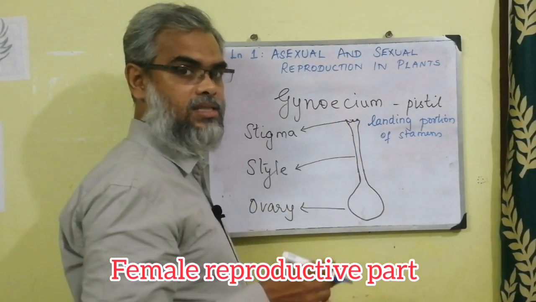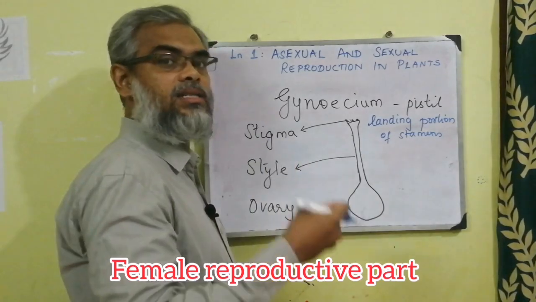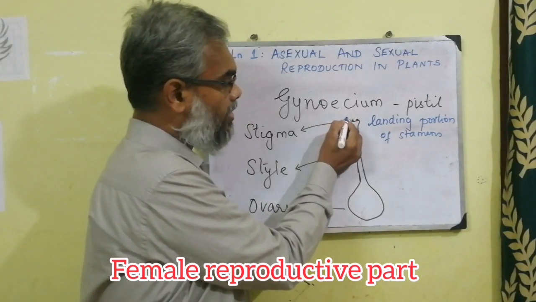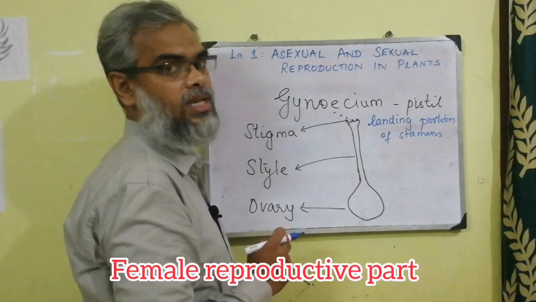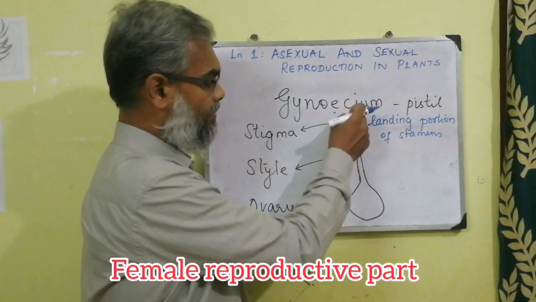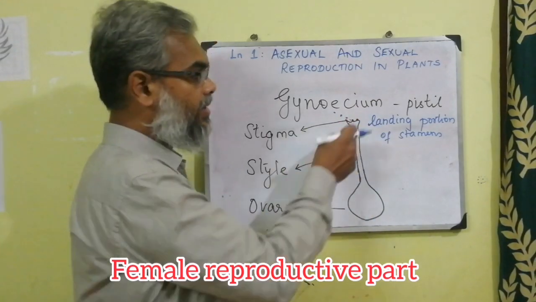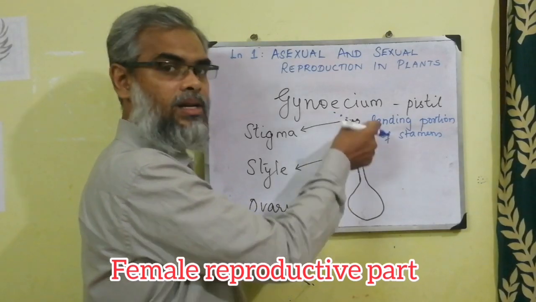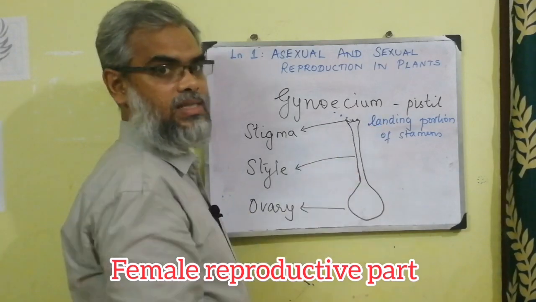Only when it reaches the stigma, it absorbs moisture, swells up, then a pollen tube is formed. So when the pollen comes, this is the landing portion. Stigma is the landing portion. And style, again, is the long tube, the filament, and here the pollen tube is developed. When it is mature, the pollen tube travels through this style.